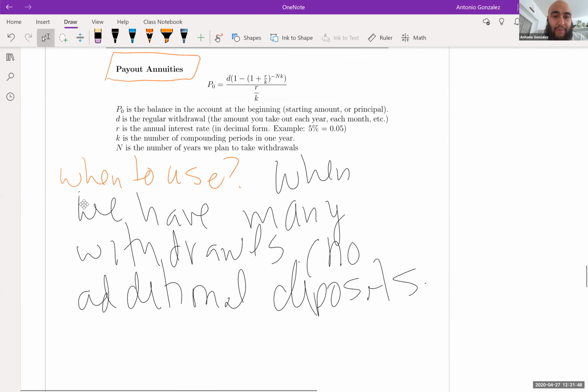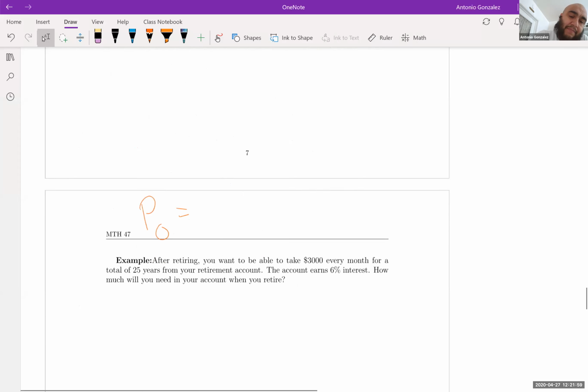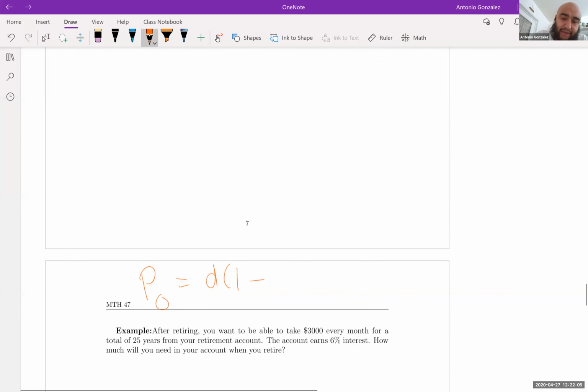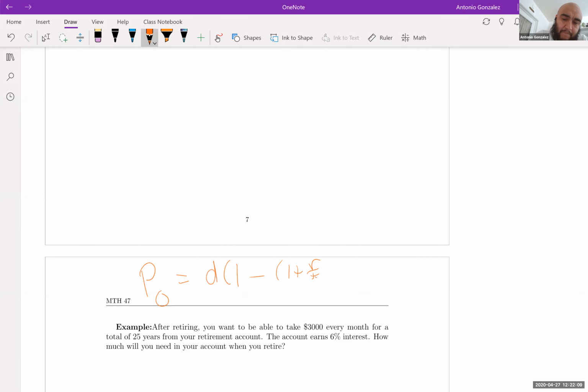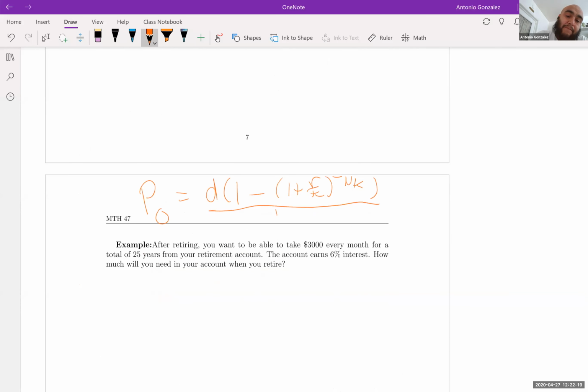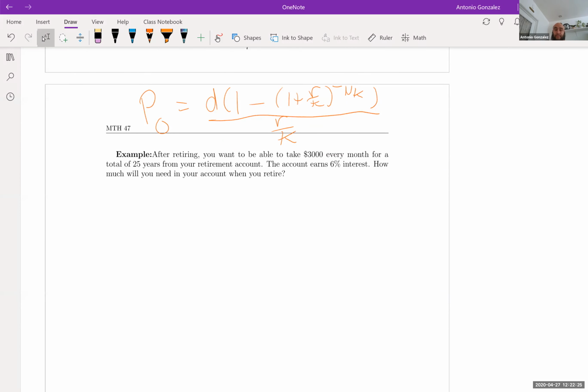Our annuity formula is P0 equals D times 1 minus (1 plus R over K) to the negative NK, and all of this goes over R over K. Now, similar to the non-payout annuity formula, D is, in this case, how much we plan to take out every month.